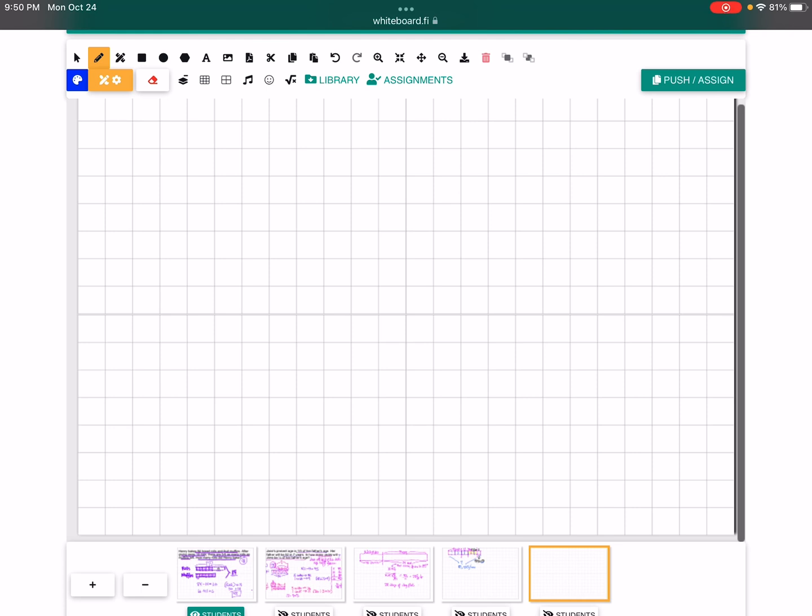Let's go ahead and do 5 units on this one. Actually, I'm going to make it 10. 1, 2, 3, 4, 5, 6, 7, 8, 9, 10. I'm going to make it 10 just because it's easy to chop this up into fifths, okay?